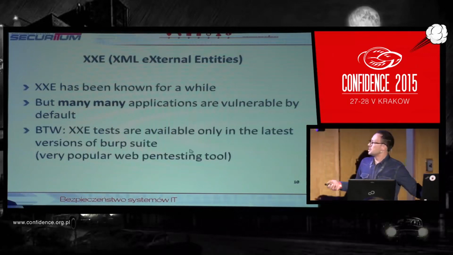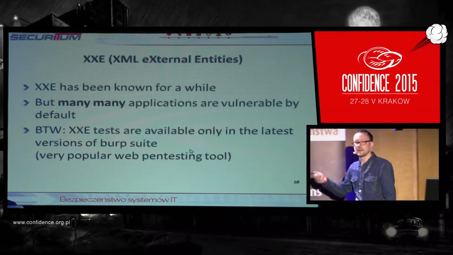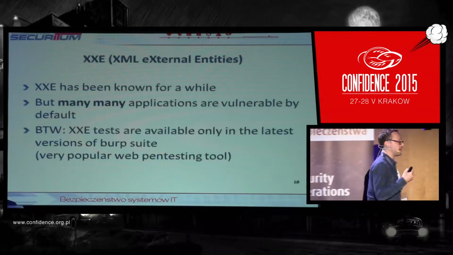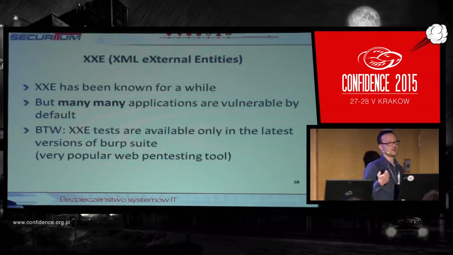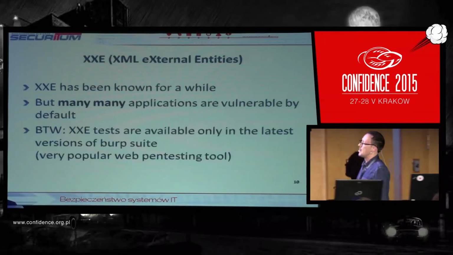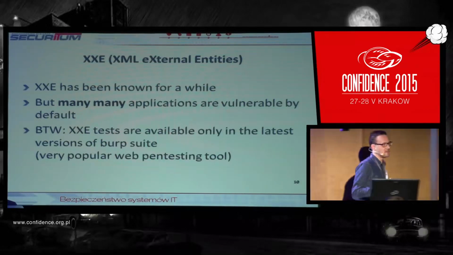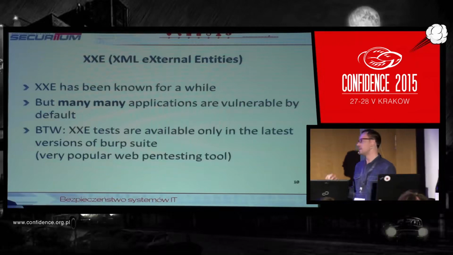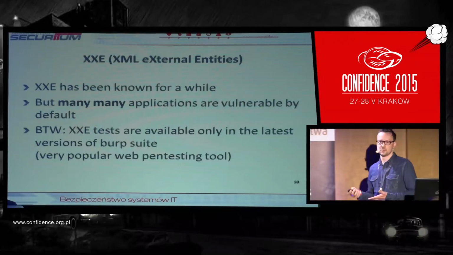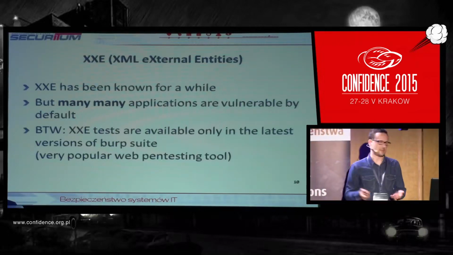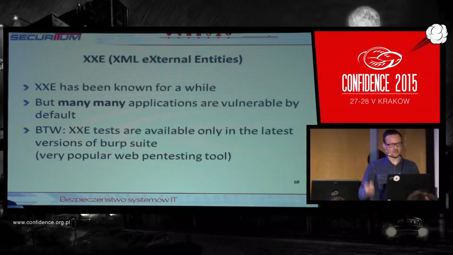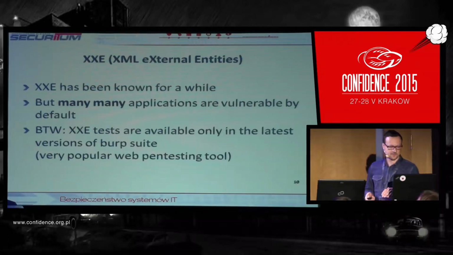This is not new stuff, but many applications are vulnerable and many developers don't know about the problems. By the way, those external XML entity tests are available only in the latest version of Burp Suite. This is a very popular web application testing tool. So it's relatively not widely known.